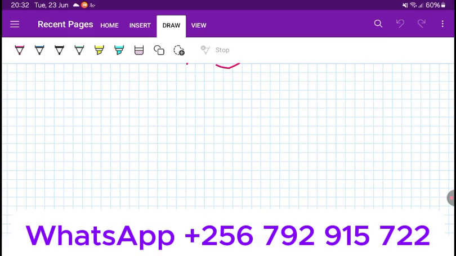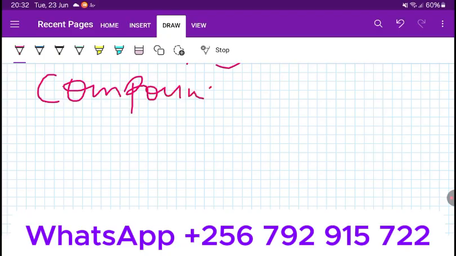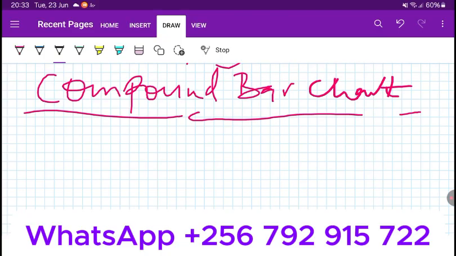So let's proceed. We are looking at the compound bar chart. A compound bar chart is useful when you want to compare two or more quantities on one chart.